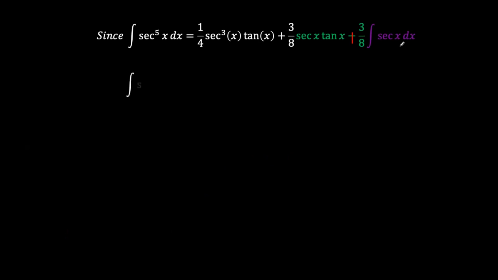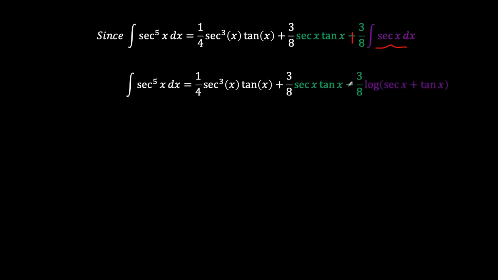Now, since we know that the integral of sec to the power 5x is the same as a quarter sec cube x tan x plus 3 over 8 sec x tan x plus, remember this is 3 over 8, the integral of sec x, we would say then, by plugging in what we found as the integral of sec x, that the integral of sec to the power 5x is a quarter sec cube x tan x plus 3 over 8 sec x tan x plus 3 over 8 natural logarithm of sec x plus tan x, and then the integration constant.